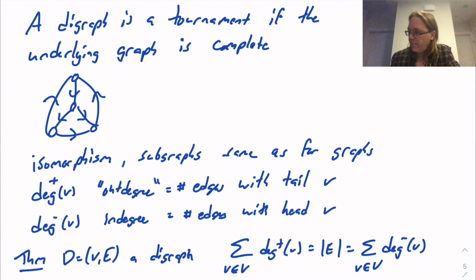And the proof here is really straightforward. Each edge has one tail and one head. It's directed from its tail to its head.